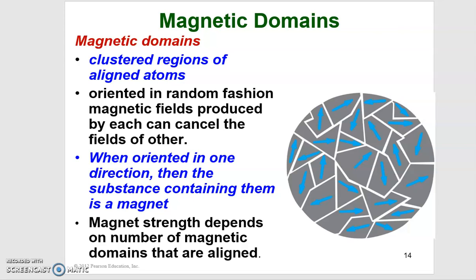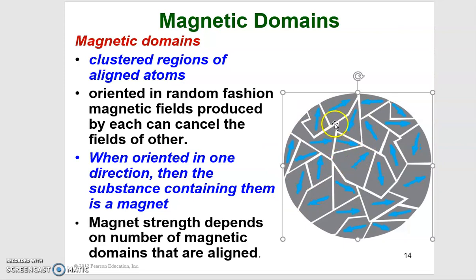The electron within the atom also spins, and that also produces a magnetic field. So therefore, in every specific region, how the atoms are oriented will determine how strong the magnetic field is in that region.